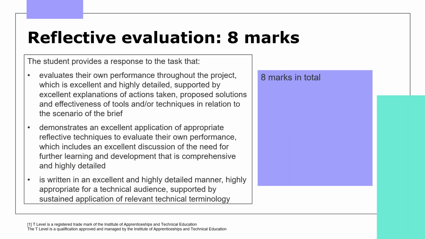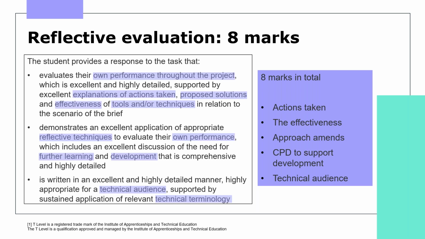On screen are the highest band marking descriptors, which students will need to demonstrate in their response in order to obtain all 8 marks. Students will need to consider their own performance on each task, explaining the actions they took, what worked well, what could be changed, and how that change would have impacted on their performance or on the project outcome.